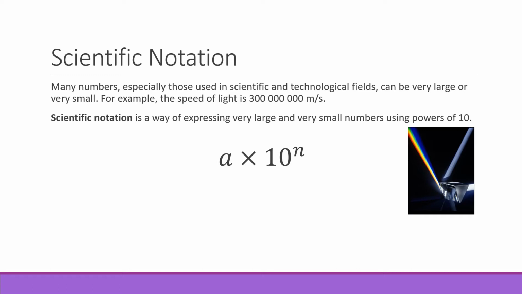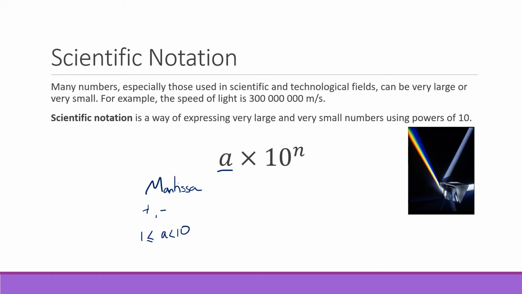So when we've got a number written in scientific notation, we've got this number here that's A. We call that the mantissa. And it can be positive or it could be negative. And it's a value that is between 1 and 10, at least as a positive number.